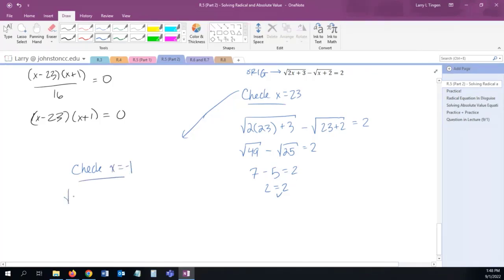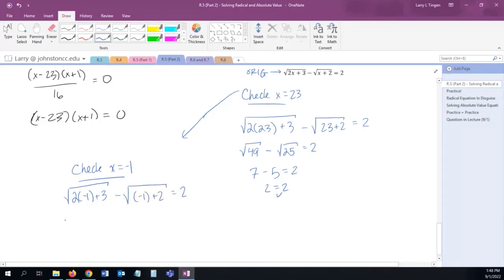And so just plugging in, all I'm doing is plugging in negative 1 for x. The square root of 2 times negative 1 plus 3 minus the square root of negative 1 plus 2 equals 2.